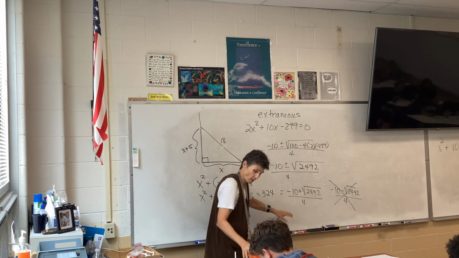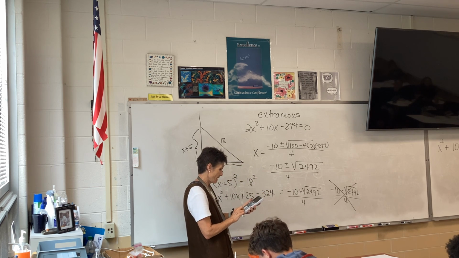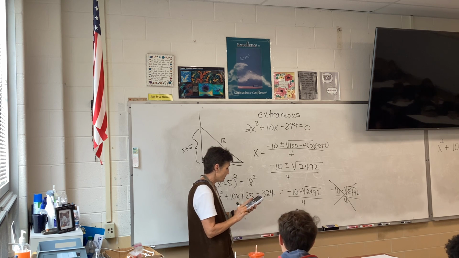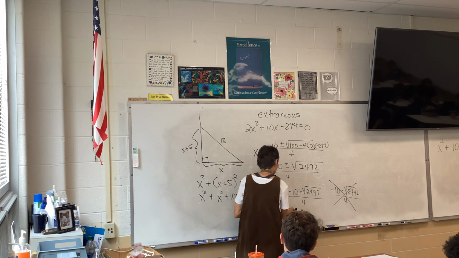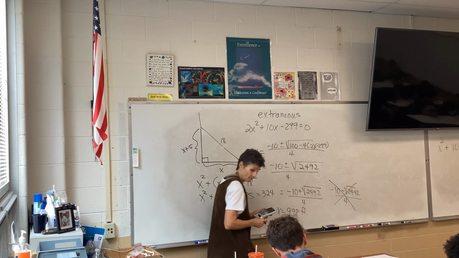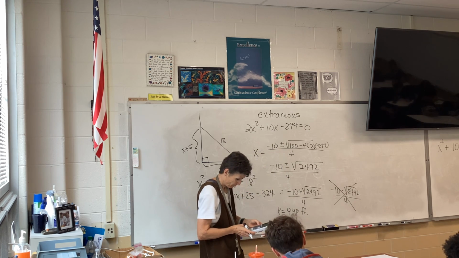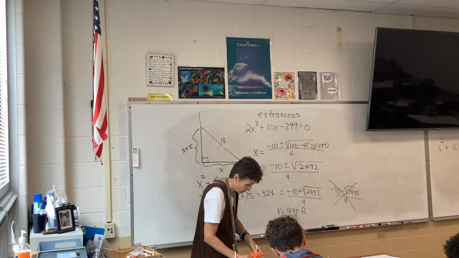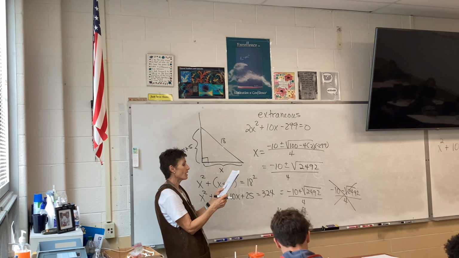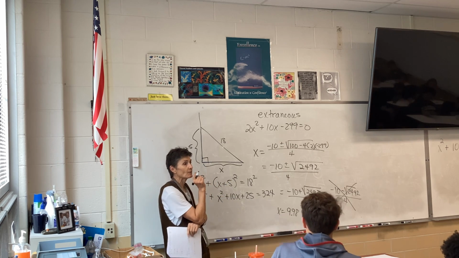So what's this one? Let's see. -10 plus the square root of 2492, divided by 4. Did you get 9.98? Yeah. And was that feet, I think? Yeah. Be very careful. How far up the building does the ladder reach?